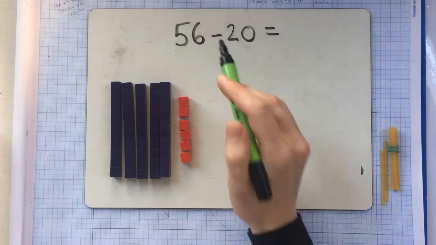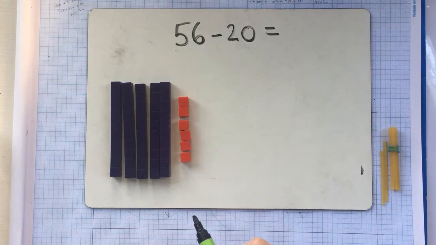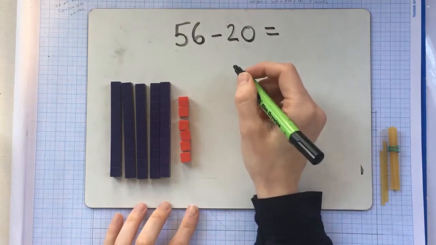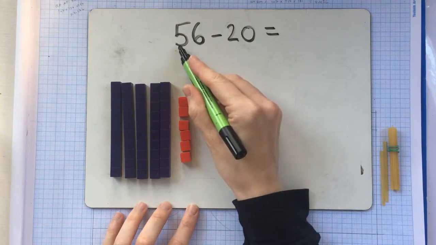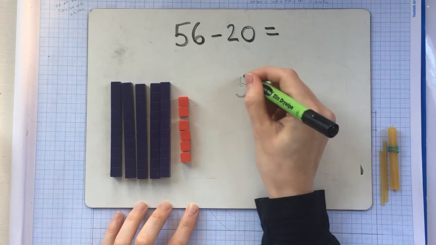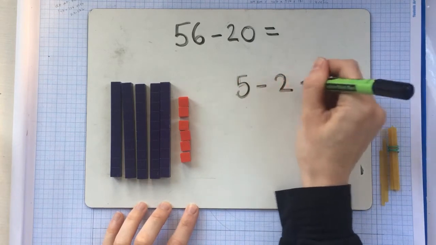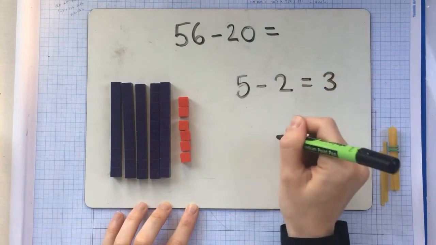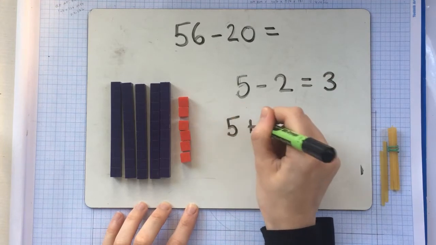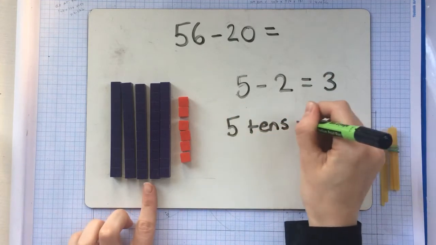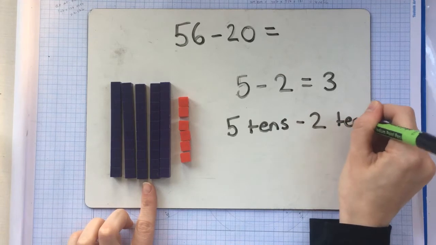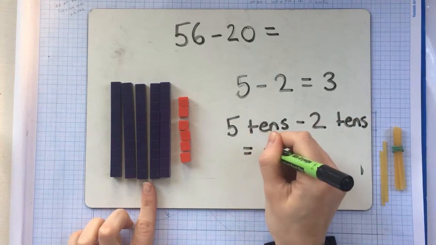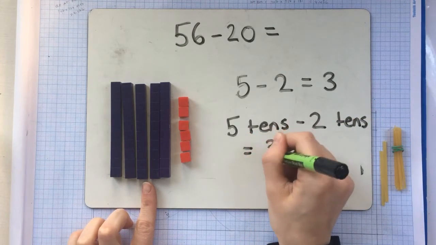So now they're going to concentrate on the tens. I know that 5 minus 2 is equal to 3. So 5 tens minus 2 tens is equal to 3 tens.